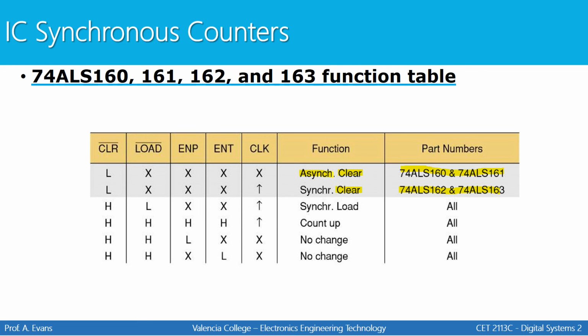If you activate that input, the flip-flop will clear instantly. With the synchronous clear, the flip-flop will not clear until you have the next applicable clock transition. And they all have a synchronous load, which means the counter cannot be loaded until the next available clock transition after you activate the input, and that's an active low input as well.